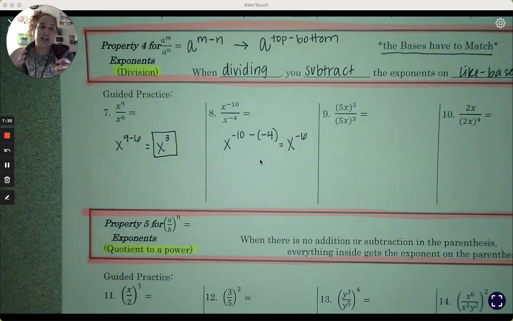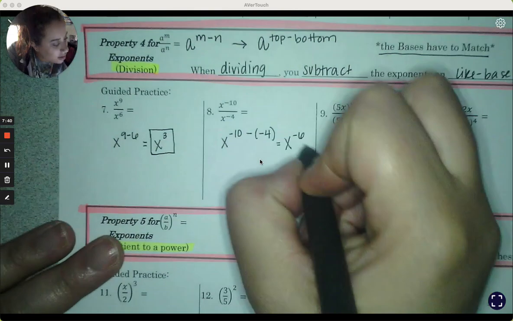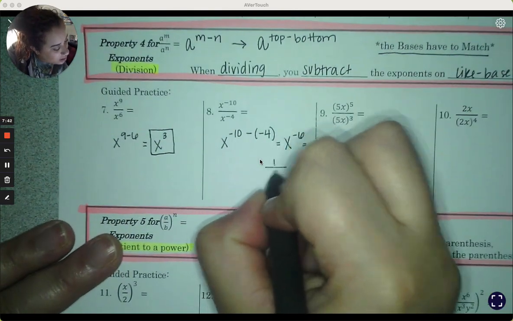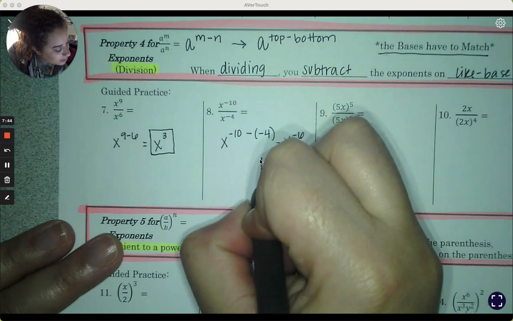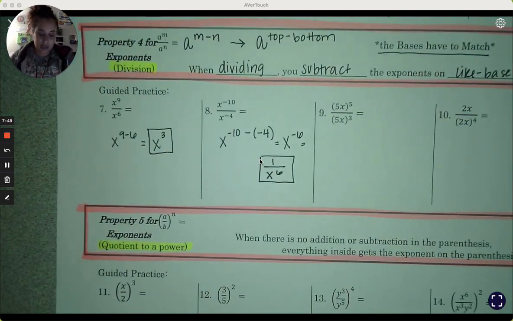But we can't actually have a negative exponent. So going back to our first couple of examples, because we have that negative exponent, it goes to the denominator. So it's 1 over x to the 6th.